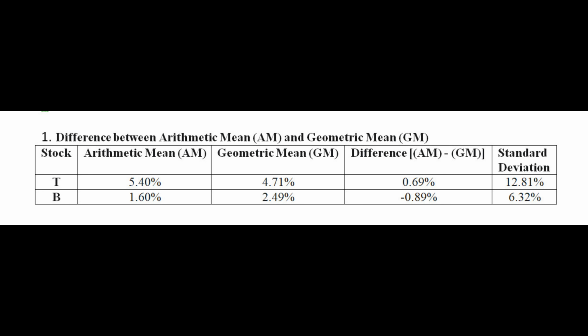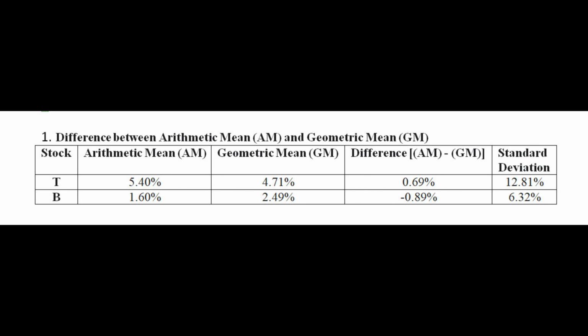Here in this table we can see the difference between arithmetic mean AM and geometric mean GM for stocks T and B, where the arithmetic mean is 5.4% for T and 1.6% for B. On the other side, the geometric mean GM for stock T is the 4.71% we computed, and for B it is 2.49%.